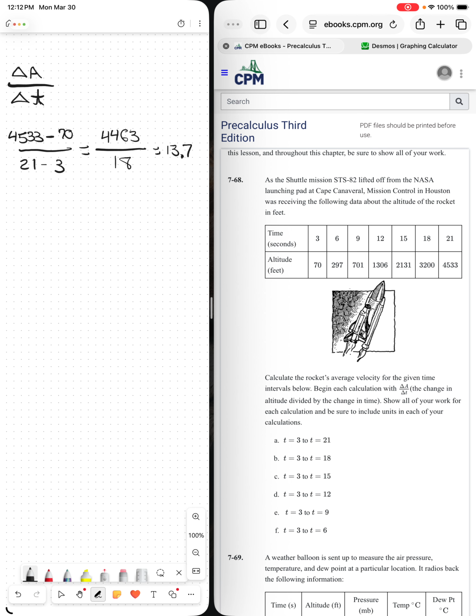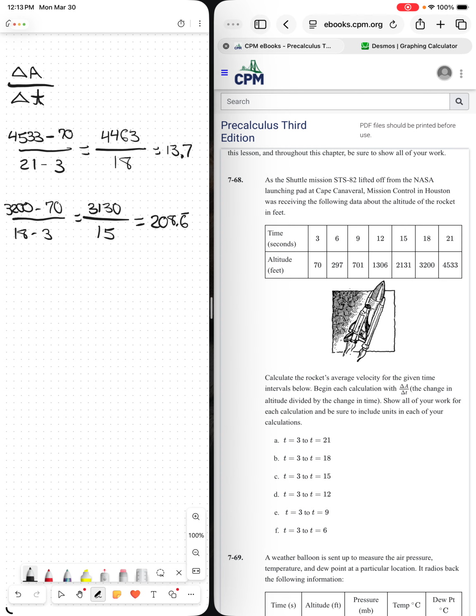Okay, so now we'll do it from 3 to 18. So we'll do 18 minus 3. So again, 3 is 70. 18 now is 3,200. So we'll do 3,200 minus 70, which is 3130 over 15. And that's about 208.6 repeating.